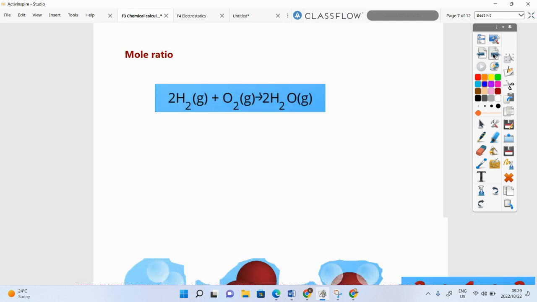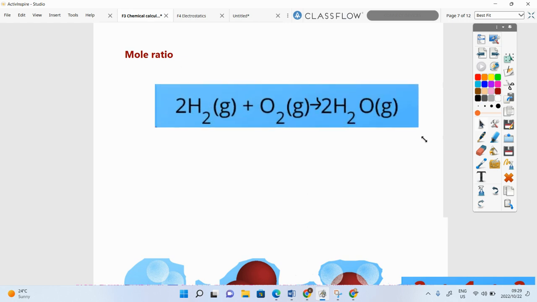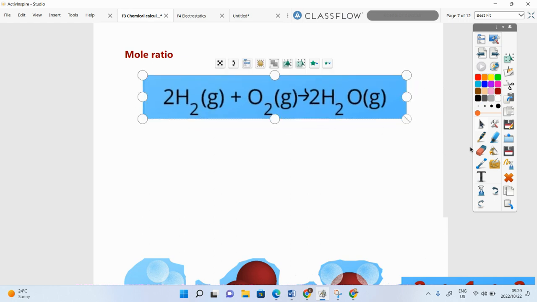Okay, so when we get a balanced equation, normally we give you the balanced equation, because otherwise we make our marking very hard for ourselves. So if I have this equation, what does this 2 and this 1 that isn't there and this 2 mean? Ratio of what?